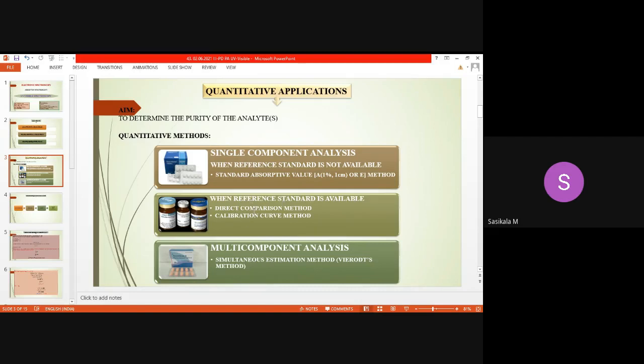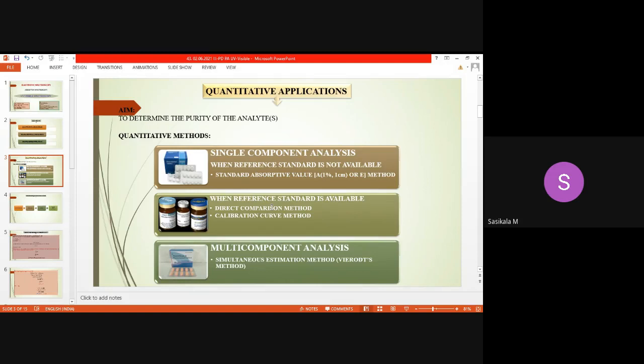By cross multiplication method, we can find out the concentration of sample. Directly, the absorbance of sample is compared with the standard. Standard is what? Known concentration of substance. For example, you would have prepared 100 microgram per ml. If 100 microgram per ml is the standard concentration, then your sample concentration is unknown.